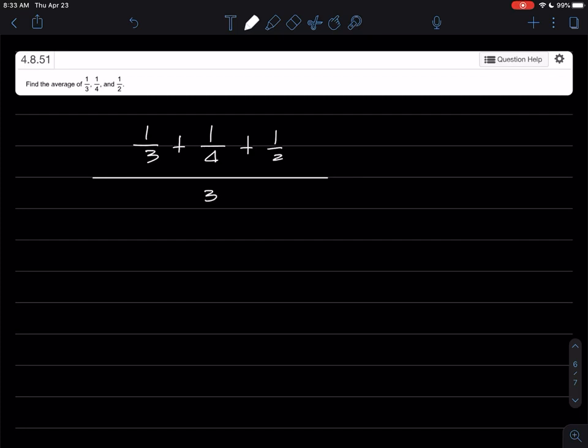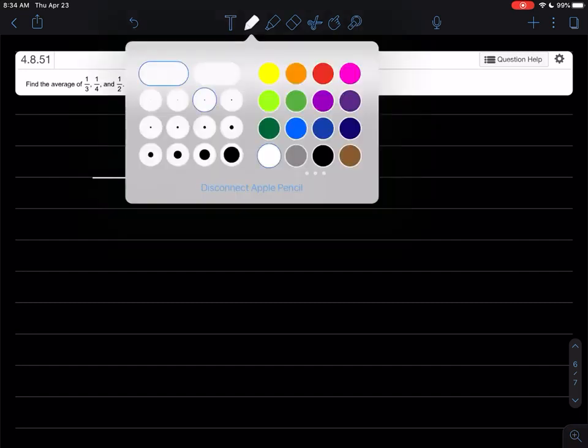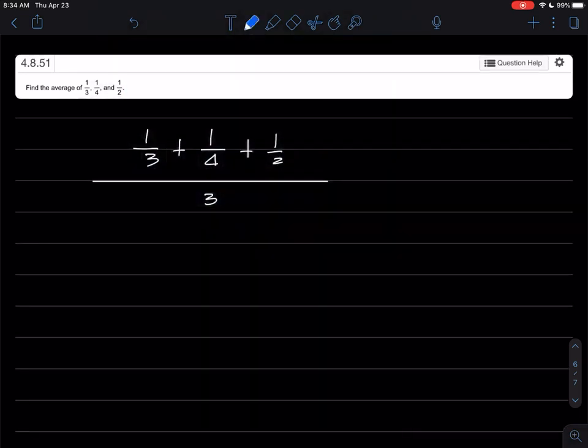Common denominator of 2, 3, and 4 is going to be 12. So the first one, let's see if we can just squeeze this in. This one has to be multiplied by 4 over 4.